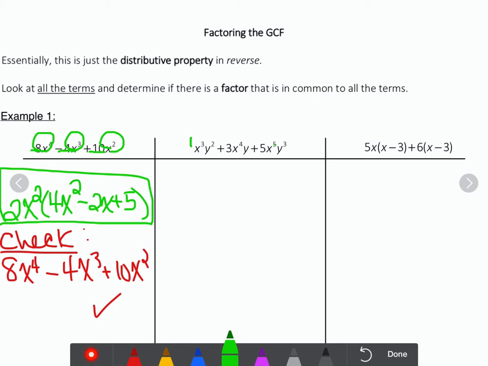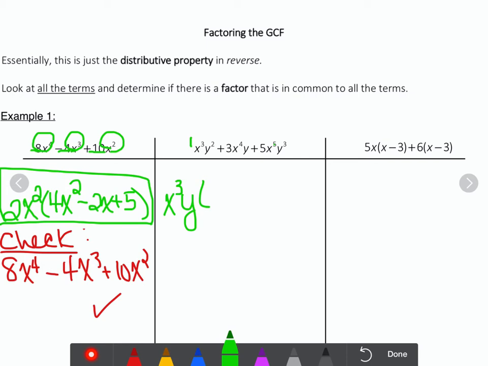So I have x's and I have y's, so let's first look at the x's. X cubed, x to the fourth, x to the fifth. The largest one that can be taken out evenly is going to be x to the third. Y squared, y, and y cubed. Again, the largest number of y's that I can take out evenly is just going to be the single y.